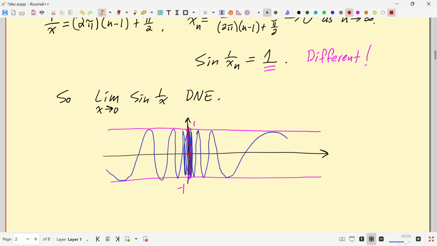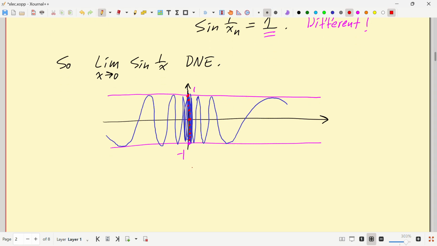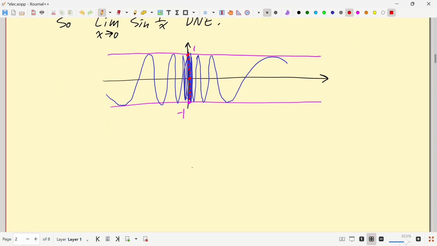Let's see, I'm going to talk about limit theorems. And one of the best limit theorems around is the squeeze theorem, for limits of functions.